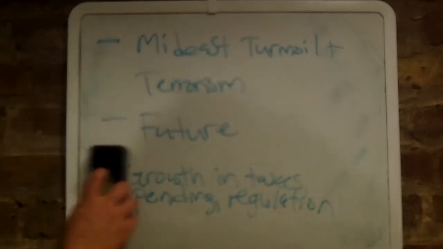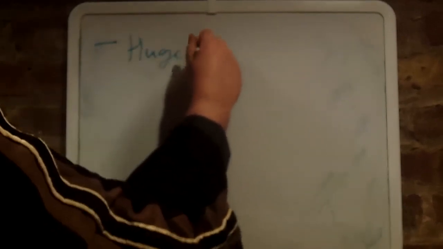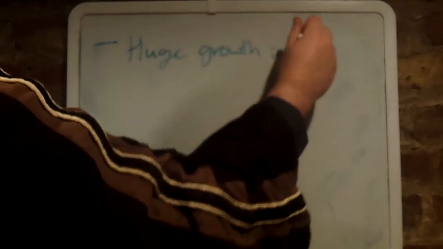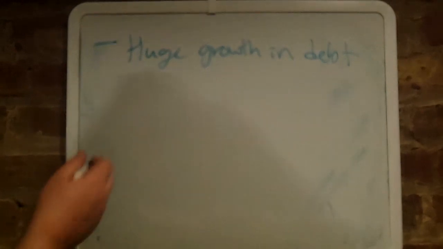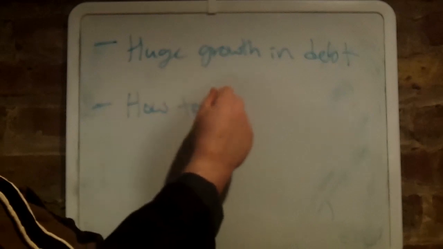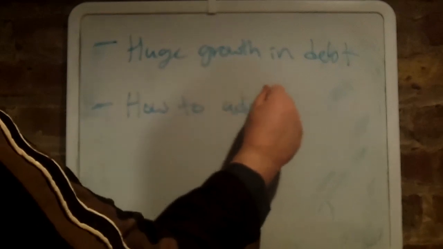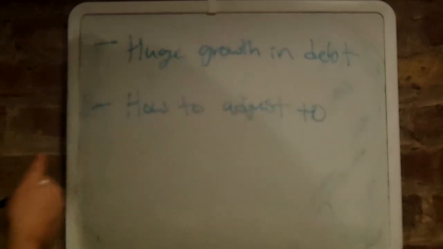And I guess the main challenge America has for the future is, given the amount of debt we've been racking up, a huge growth in debt. So the main choice or problem America will be facing is how to adjust to, well, how can I put this?